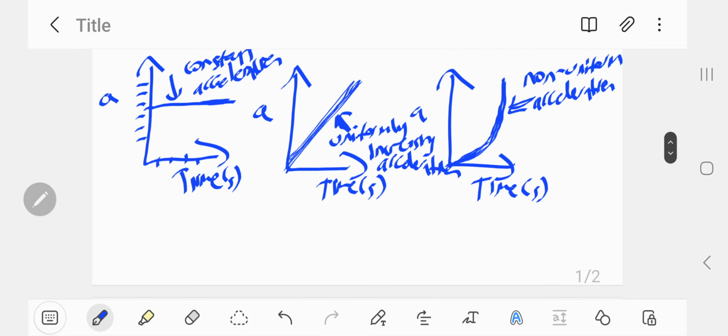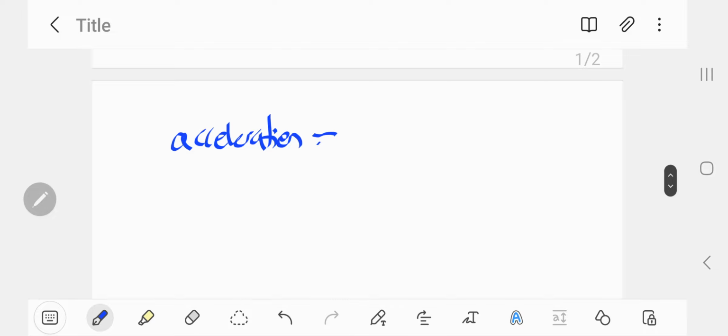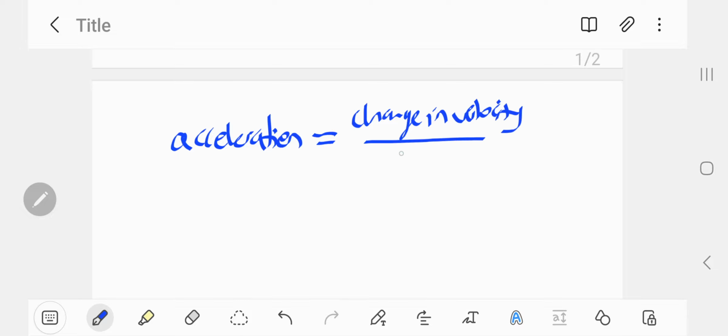So what's acceleration? Acceleration is basically the change in velocity over time. There's a change in how fast you're going with respect to time. So mathematically, it's change in velocity over change in time. We give the symbol a for acceleration in physics.